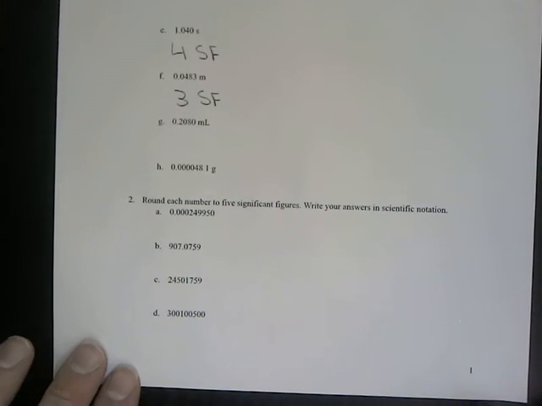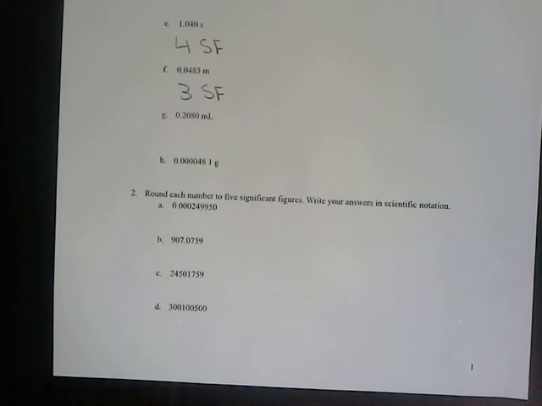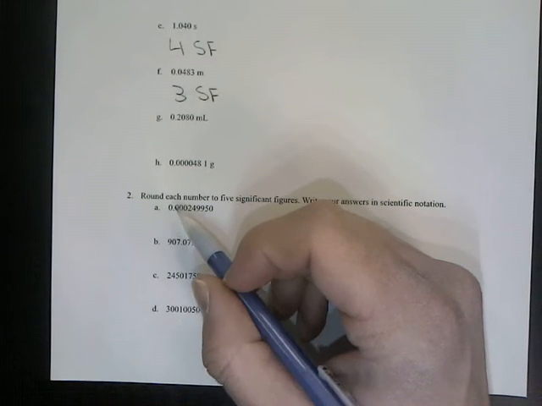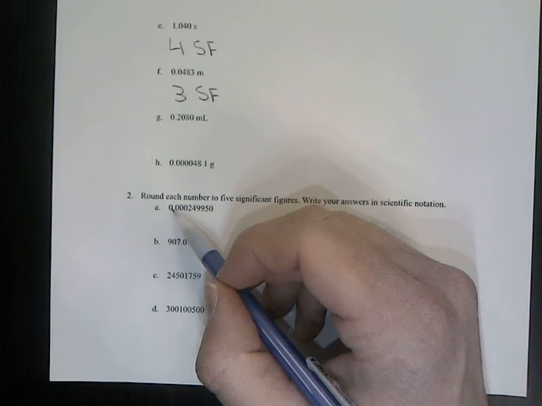Let's move down to number 2. It says round each number to 5 significant figures. Write your answer in scientific notation. Okay, so with this problem here, we start with 2A. Again, we need to find the first significant digit. We ask ourselves, is the first number a non-zero number?